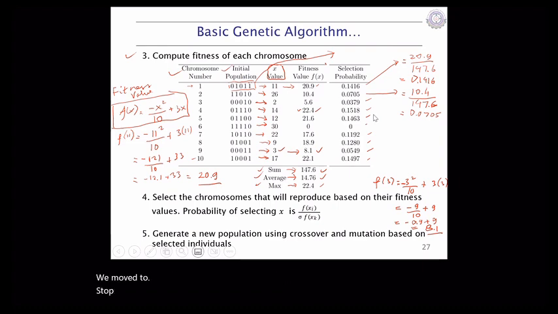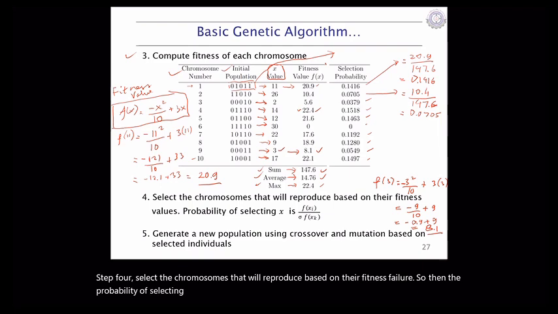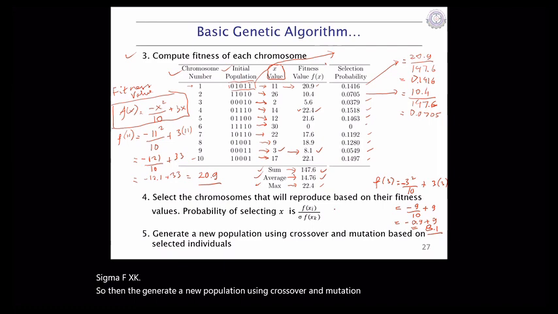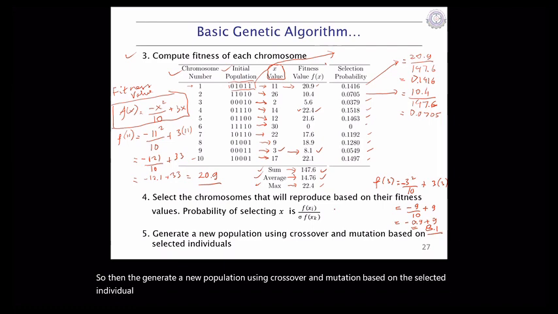After you got all the selection probabilities, then you move to step 4. Select the chromosomes that will reproduce based on their fitness value. So the probability of selecting x is F of x_i over sigma F of x_k. Then generate a new population using crossover and mutation based on the selected individuals. So we select which one, the individual divided by sigma of the total.